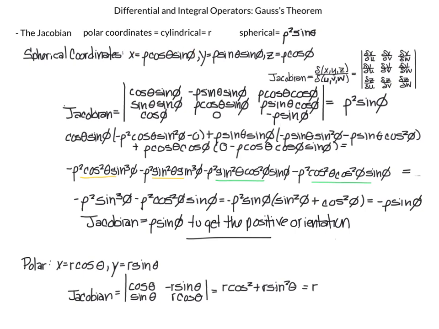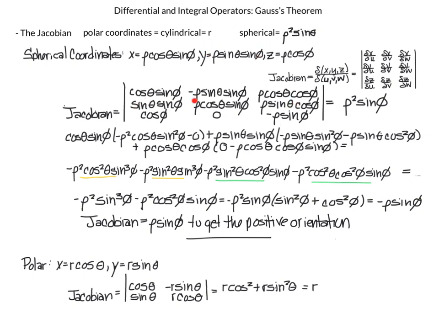So x, partial derivative with respect to rho, is just cosine theta sine phi. Partial derivative with respect to theta is minus rho, our cosine becomes a sine theta, our sine phi stays, and then partial derivative with respect to phi, we have a rho cosine theta, and then our sine phi becomes cosine phi. Next, we go to the y.